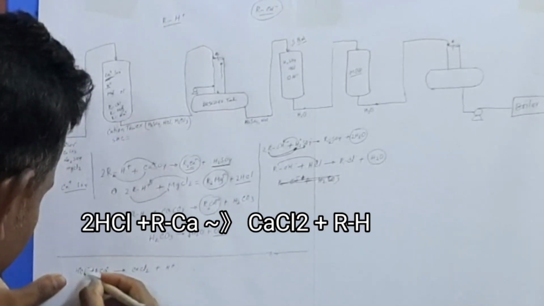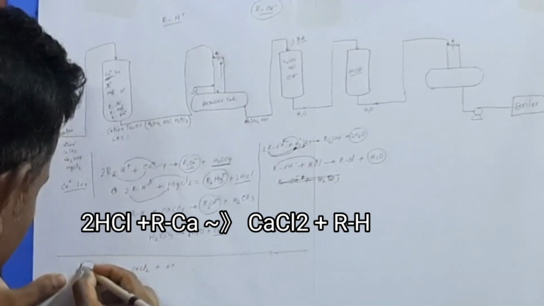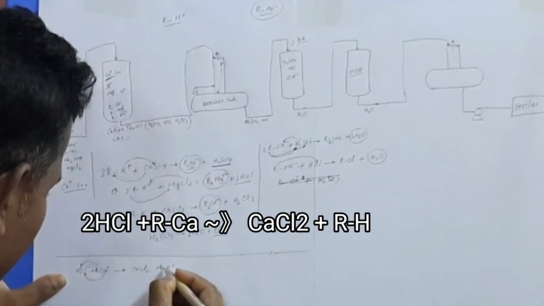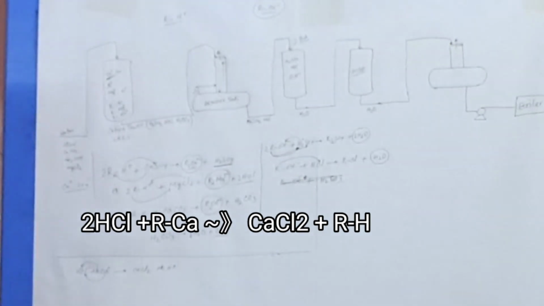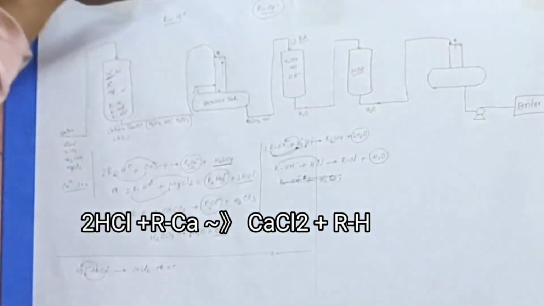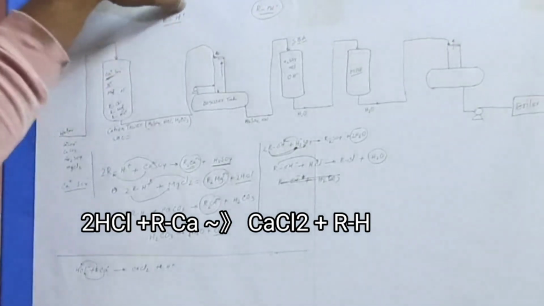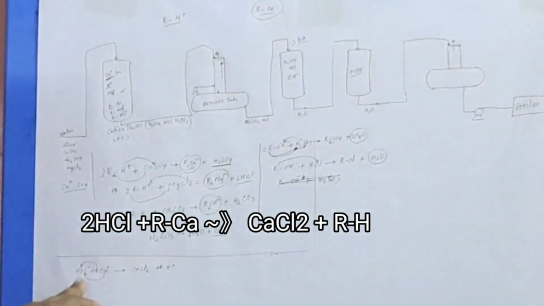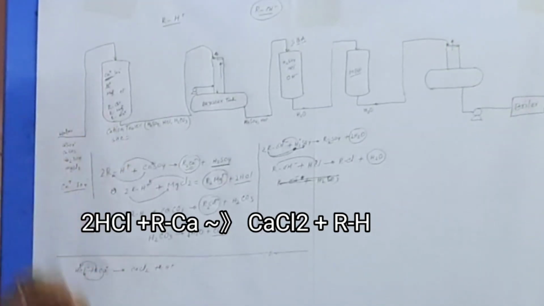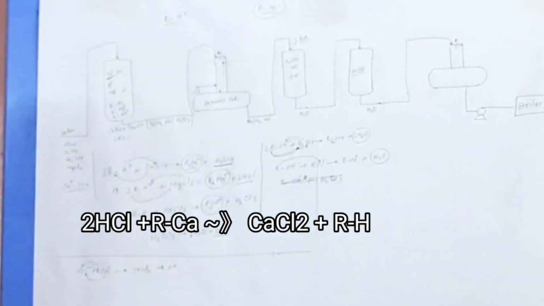It will react like this, and here hydrogen ion will be available. That means it will be activated, because normally the cation resin is represented as RH plus ion.